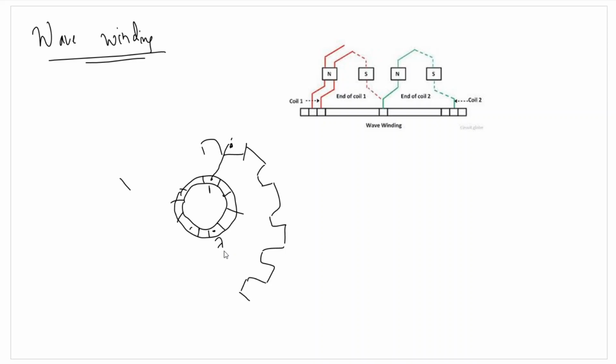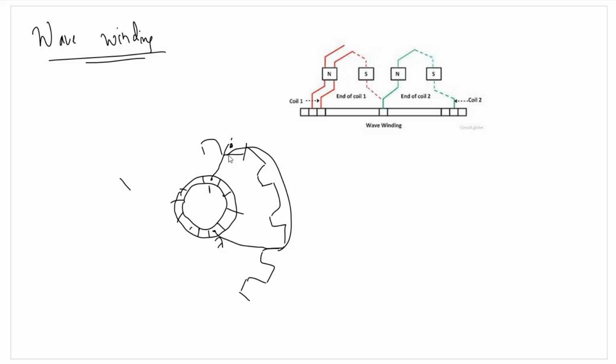In case of a wave winding, the front end of coil 1 starts at commutator segment 1. After n number of commutator segments, you will see the back end of the coil being connected. From commutator segment n, coil 2 will start and that will finish at, say for example, 2n.